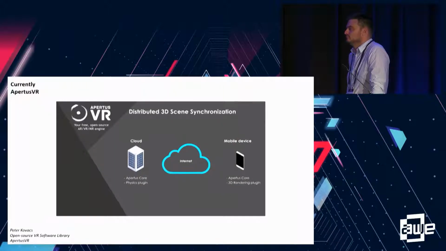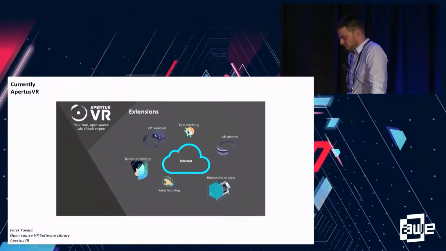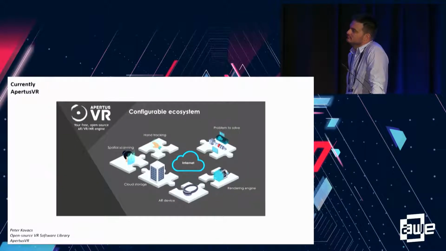The strength of our library lies in its core plugin structure. Apertus Core syncs and distributes scene data on all devices in the sessions as an abstract database. Apertus plugins ensure easy coupling of devices and services to the core, such as tracking and rendering. The result is a configurable ecosystem over the internet where you can optimize performance based on the computational power of the participants and share any kind of data in the 3D scene.